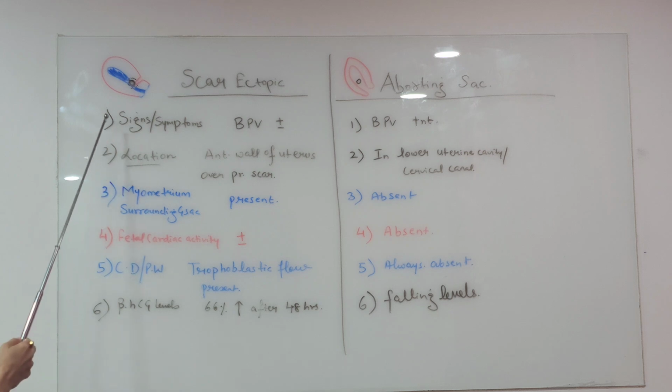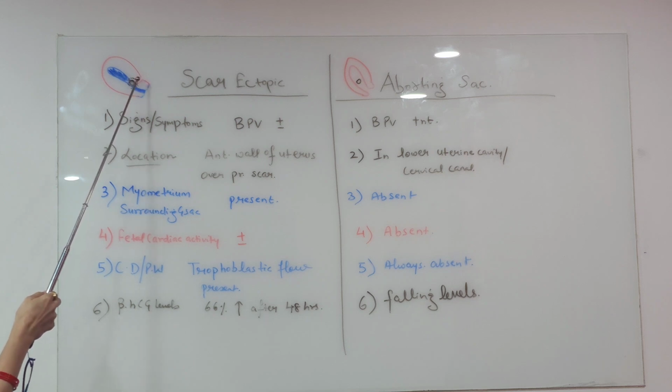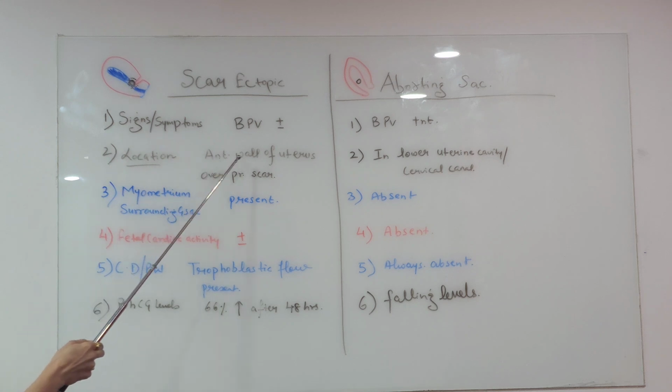Then coming to the location of this gestational sac. As you can see, we are drawing the scar here on the anterior uterine wall, over the lower uterine segment. So you are always going to find this scar ectopic over the anterior uterine wall, over the previous cesarean scar.